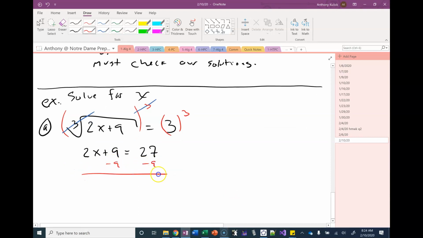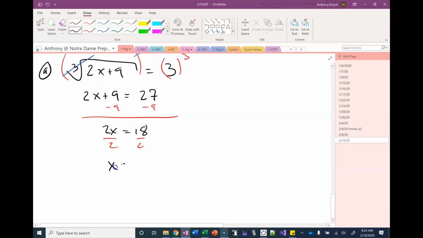Subtract 9 and then divide by 2. Everybody feel good on that?